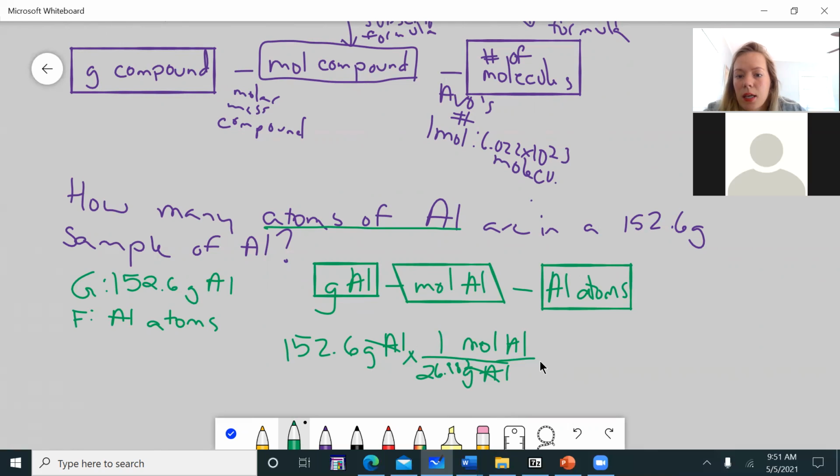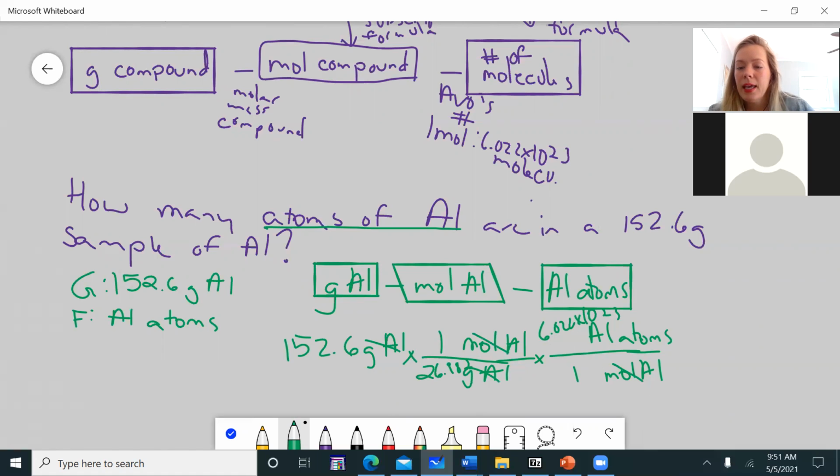The second step is to get into aluminum atoms. So here is mole on top. So I want to put mole of aluminum on the bottom. And I want to put aluminum atoms on top. Well, how do moles and atoms relate? 1 mole of anything, in this case, 1 mole of aluminum, is equal to 6.022 times 10 to the 23rd individual ones.